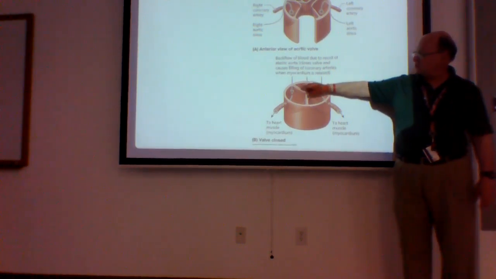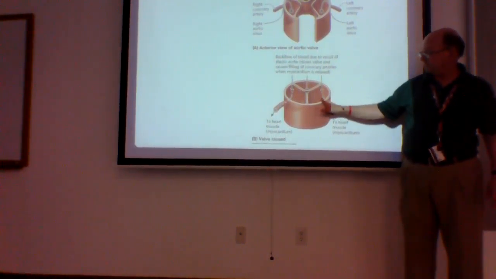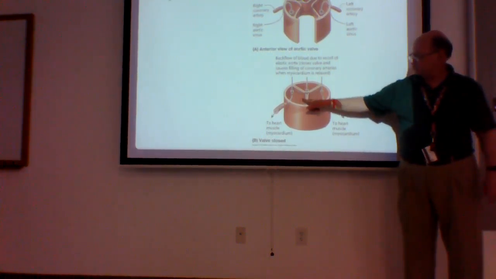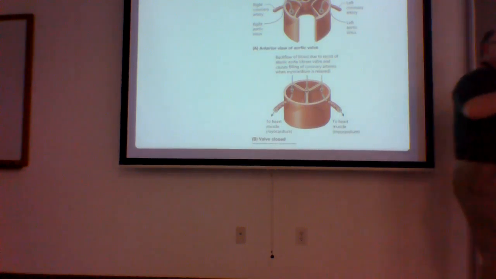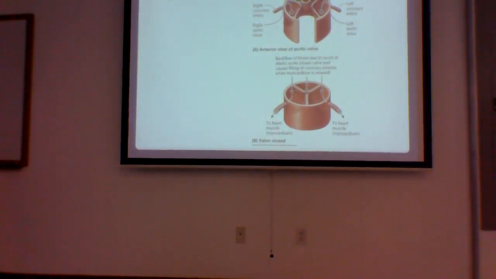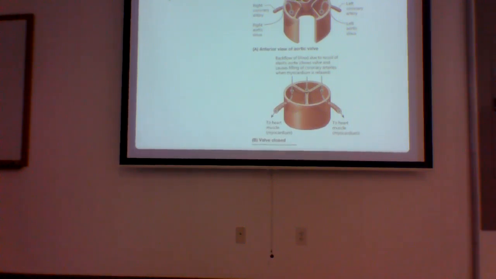And as they do that, the turbulence occurring in the sinus of each of the left and right valve is what ultimately forces blood into that coronary circulation. So coronary circulation is actually taking place during diastole and not during systole, where the systemic circulation is getting its circulation pushed through during systole and not diastole. Okay?